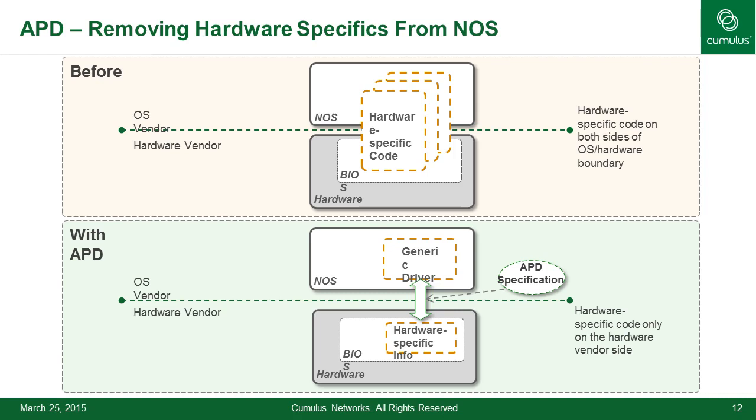This is quite significant because by segregating this, the hardware vendors can describe their hardware on their own schedule and match their own time to market. And because it's a standard way, it enables them to integrate very quickly with many different network OSes.